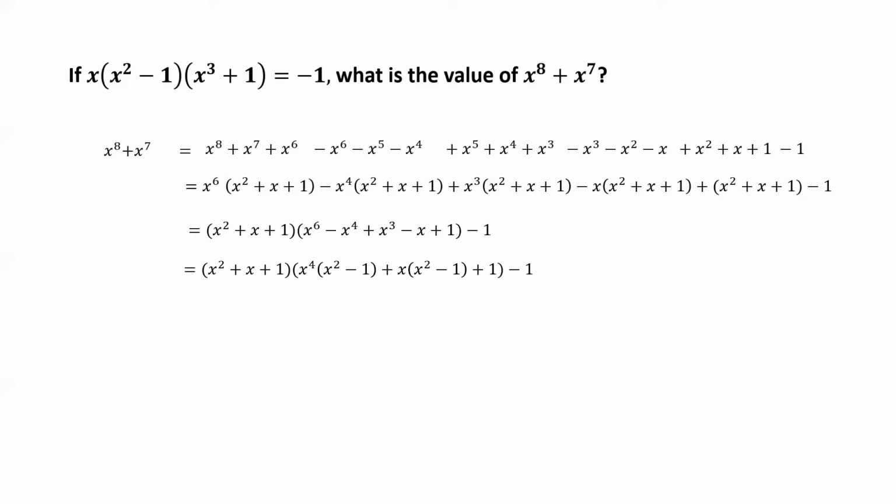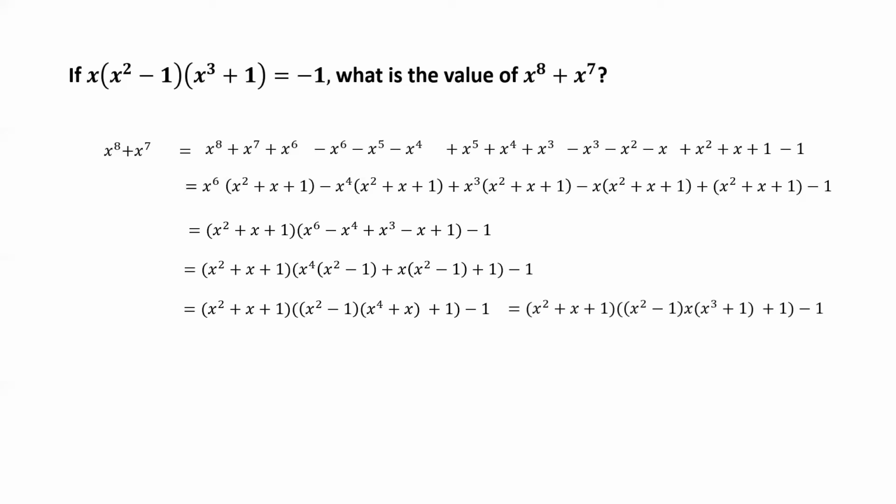So we have x, and then within the parentheses we have x squared minus 1. And then from here on, we take x squared minus 1 as common. Then for the second term within parentheses, we are left with x squared minus 1 multiplied by x to the power 4 plus x plus 1.